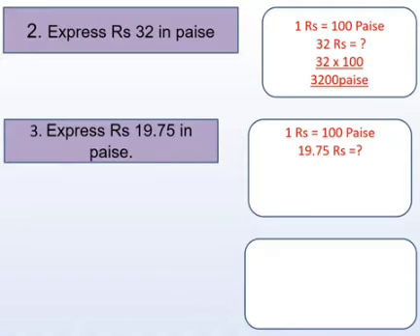So 19.75 is equal to how much paise? So let us see that 19 and 75 is separated. So 19 into 100 plus 75. So 19 into 100 is 1900 plus 75. So when you add these two numbers, 1975 paise.